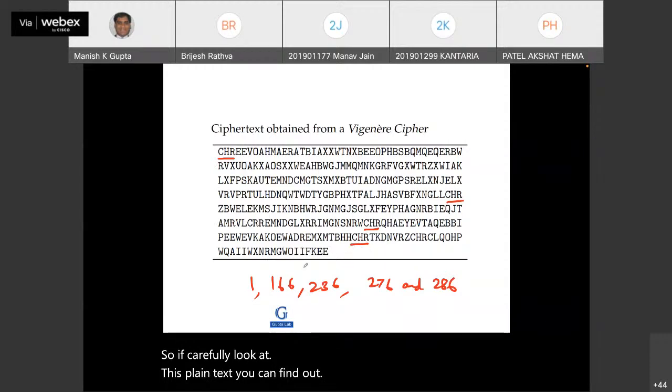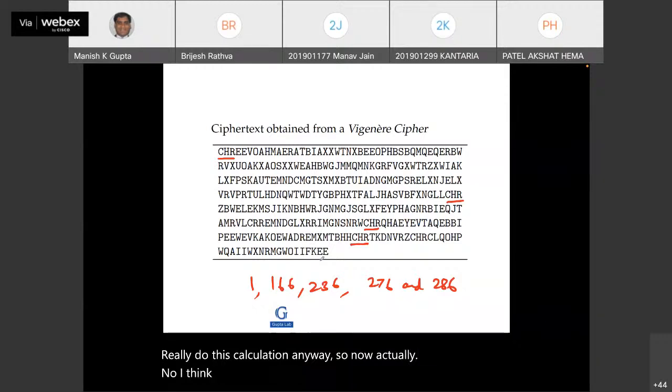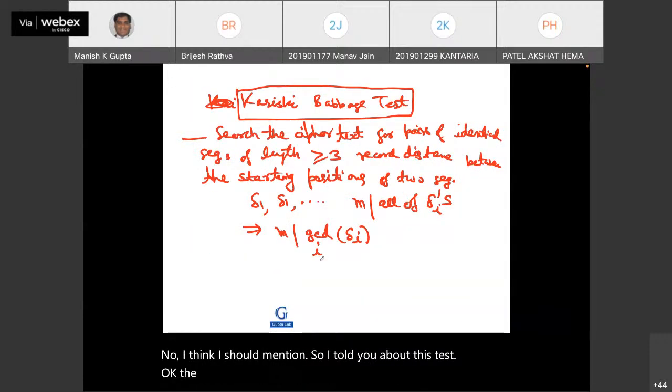Right. So I leave it as a new exercise for you to really do this calculation. Anyway, now I should mention the test I told you about, the Kasiski-Babbage test, for how to actually find out m.